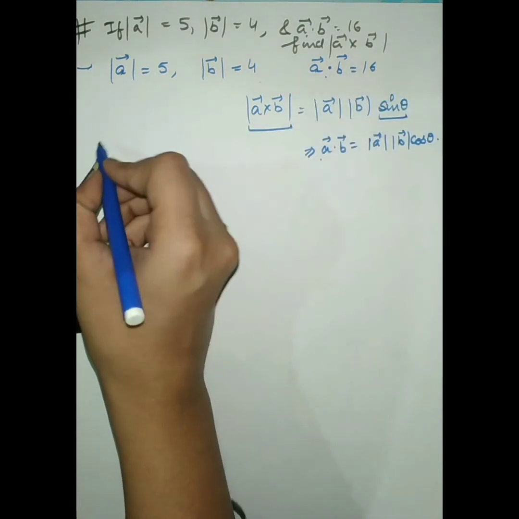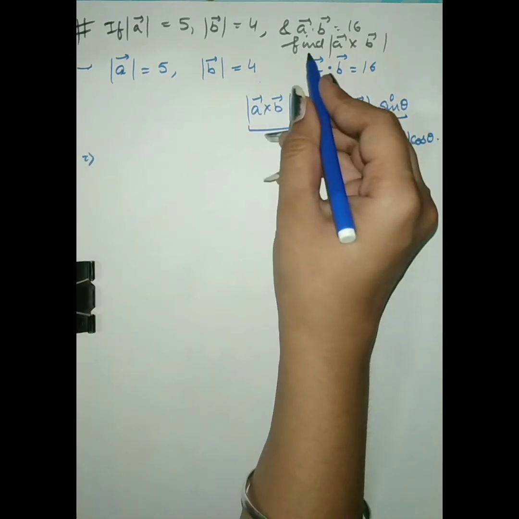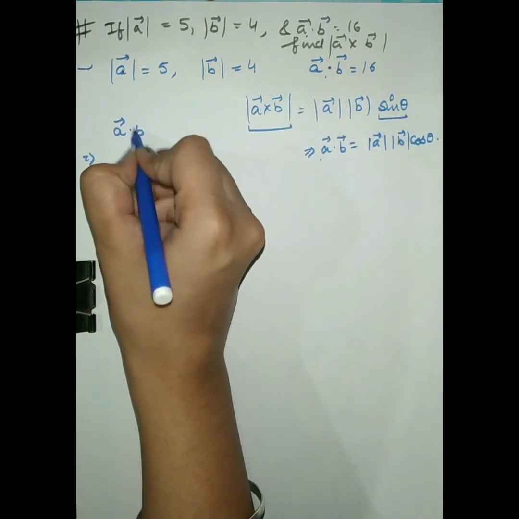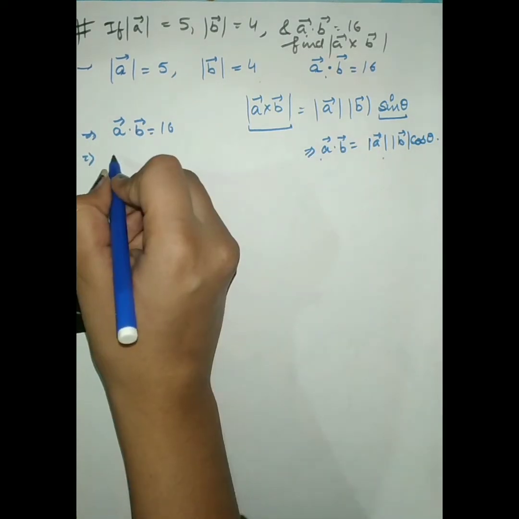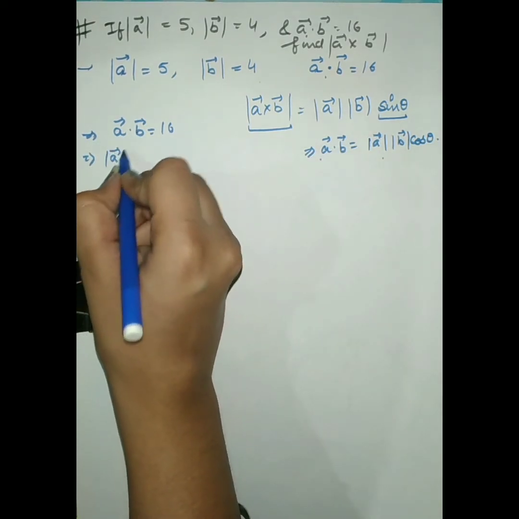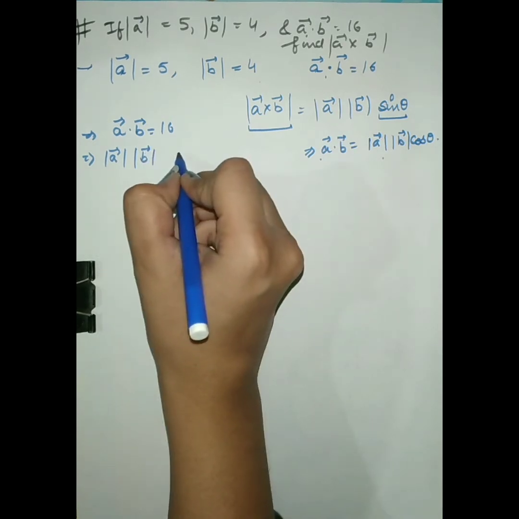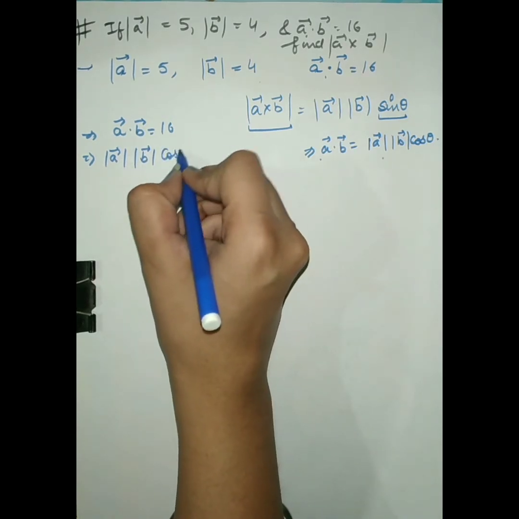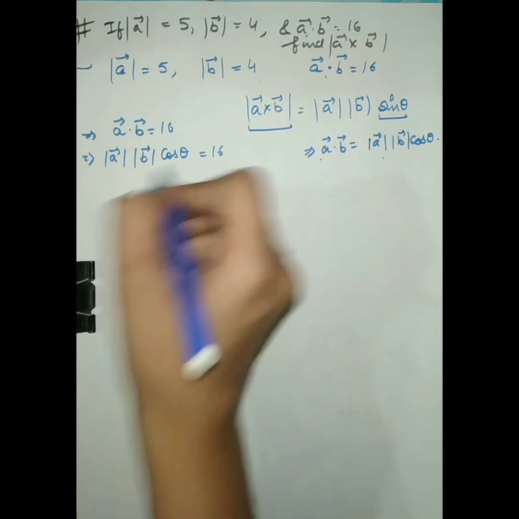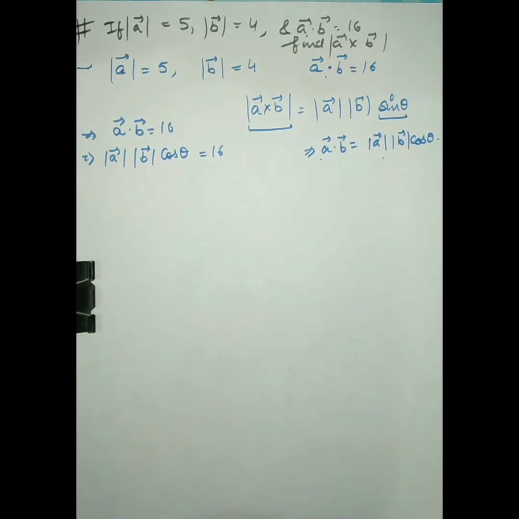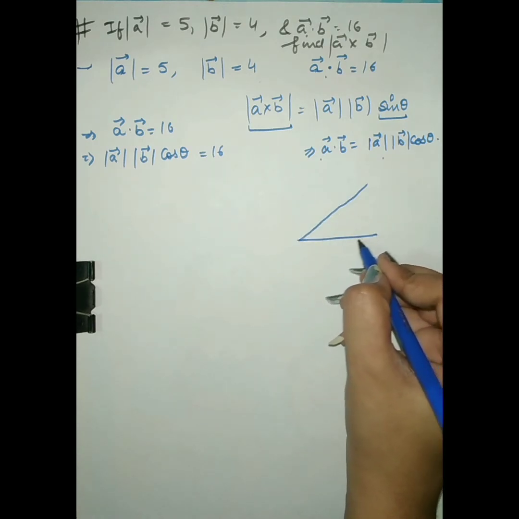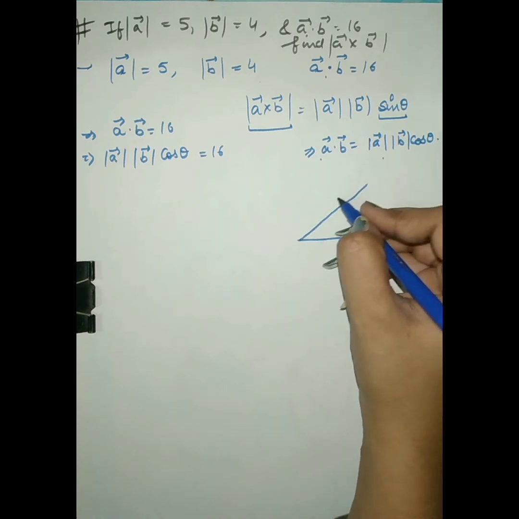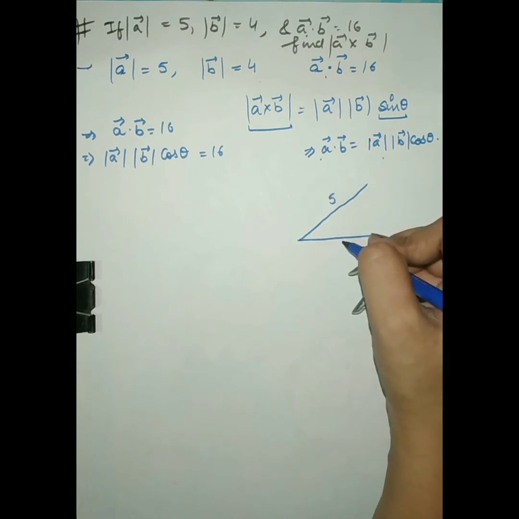Then we get the magnitude of A vector into the magnitude of B vector cos theta equals 16, where theta is the angle between the two vectors A vector and B vector, A vector having the magnitude 5 and B vector having the magnitude 4.